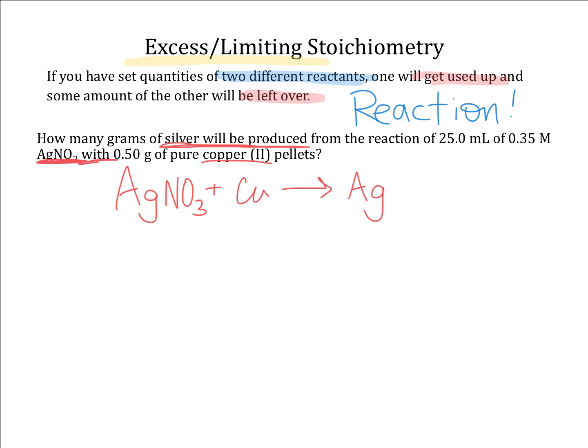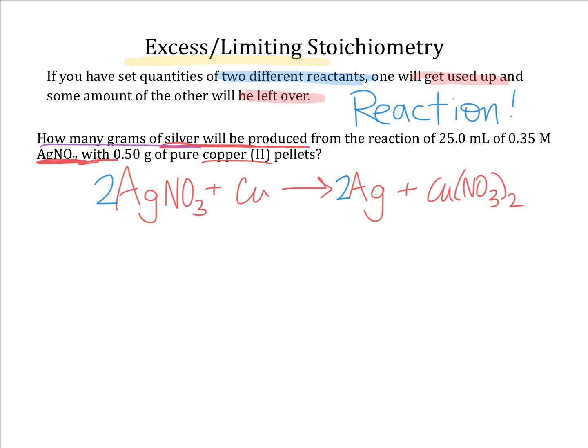Notice my problem doesn't give me my other product, but we should know my other product is copper nitrate, that is Cu(NO3)2, because it is copper(II), and then a balanced reaction means I need 2 nitrates and 2 silvers. Now that I've got that, I can start looking at my actual stoichiometry.